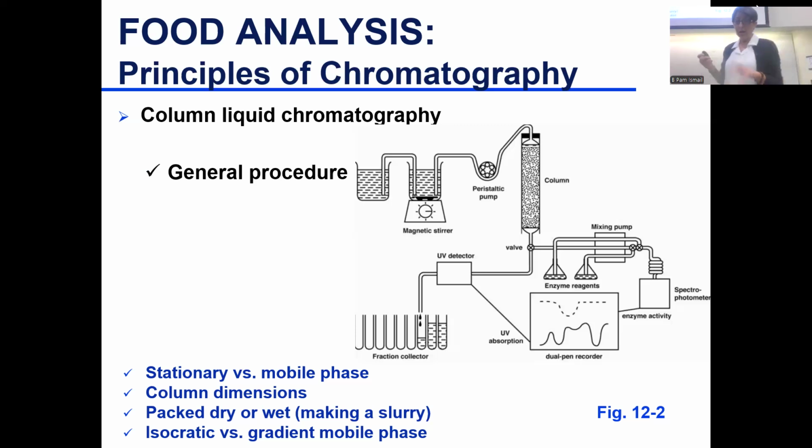So now I wanted to talk about what we mean with isocratic versus gradient mobile phase and demonstrate it here. If you have one type of mobile phase, let's say it's a buffer, or it is water, or it's 90% acetonitrile, whatever it is, it's just one type, and then you're running at a particular rate, 1 mL per minute or 10 mL per minute, depending on the size of the column.